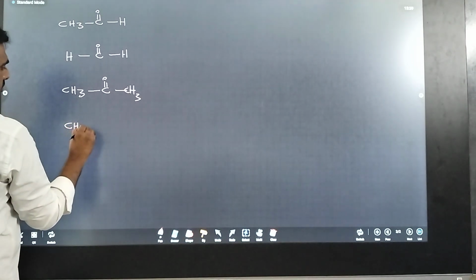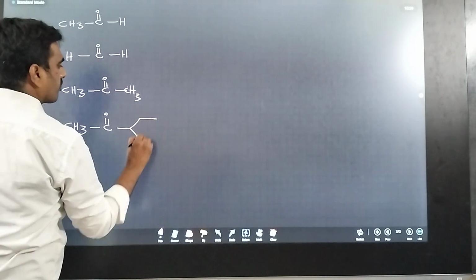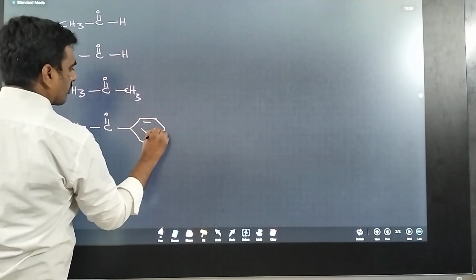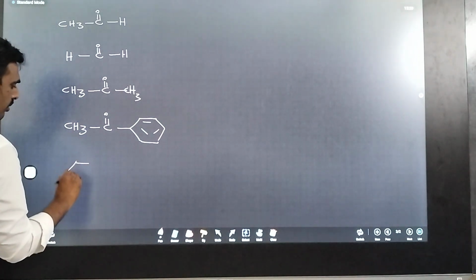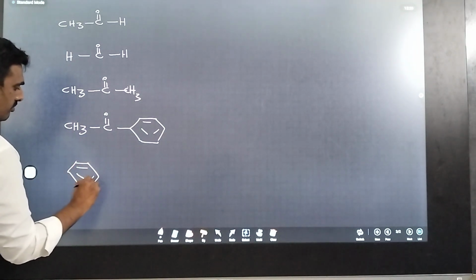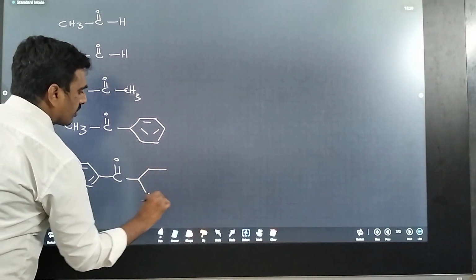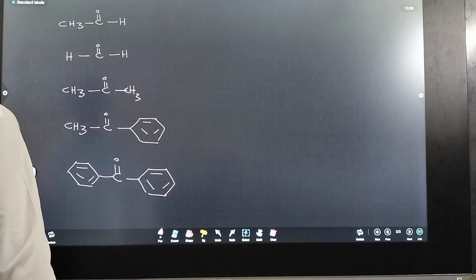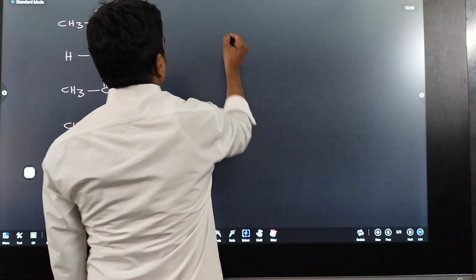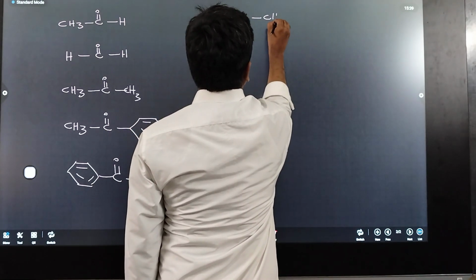One more, acetophenone. Then benzophenone. I can write one more compound, propanaldehyde.